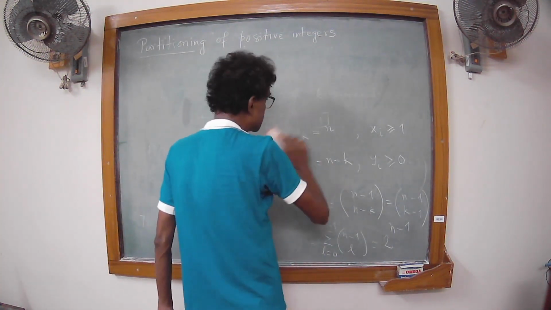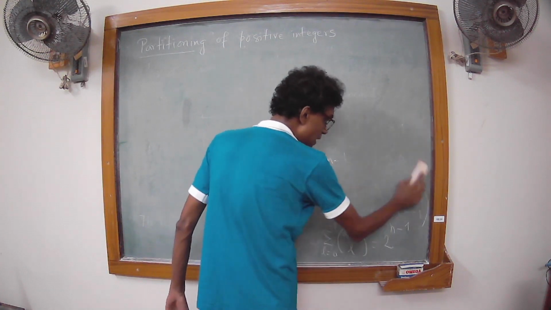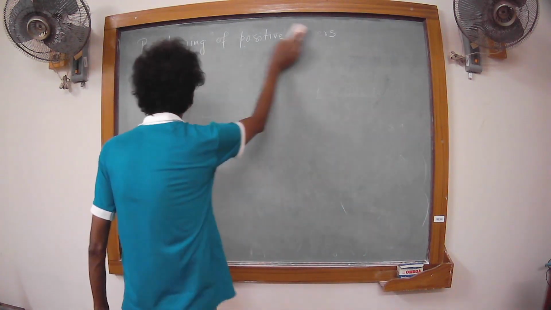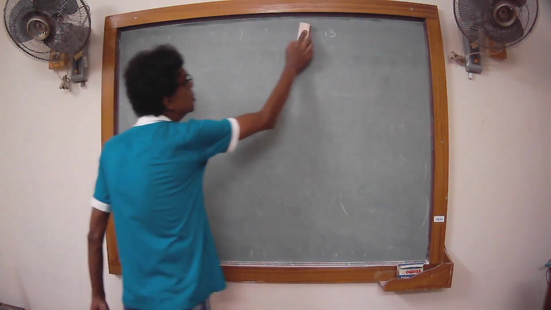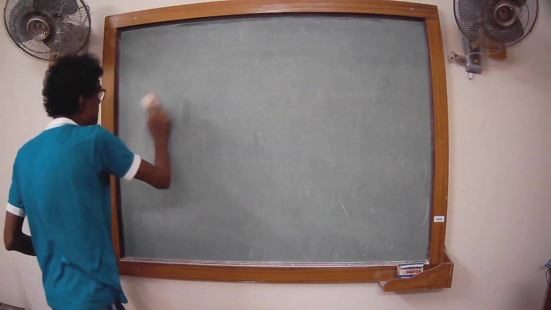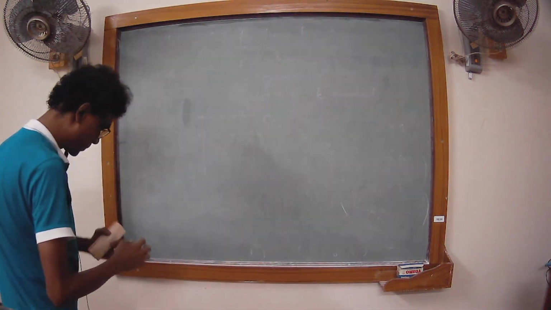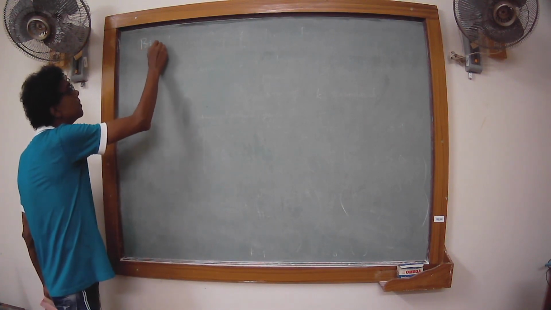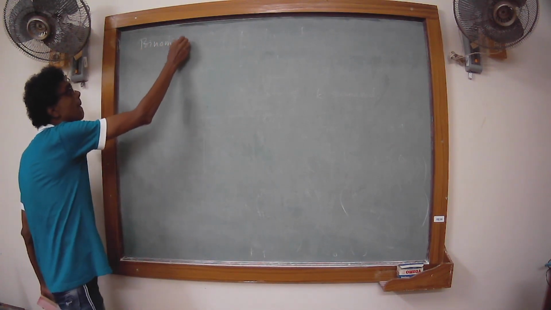As I promised, we are going to have something on Catalan numbers. But just before that, I'll quickly recollect 2 standard results, which most of you must know, if not all of you. That is the binomial theorem and the multinomial theorem.